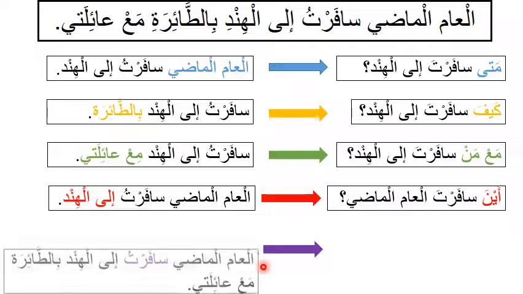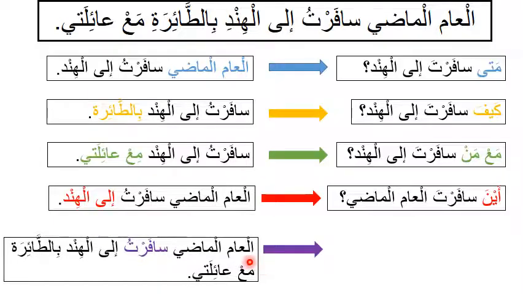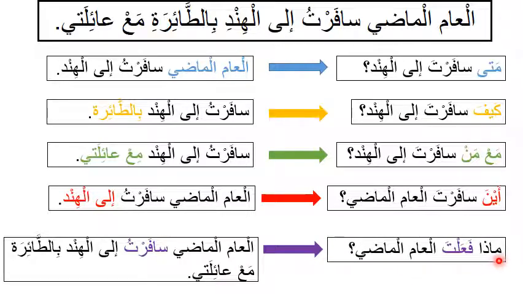And if I want to make the sentence longer and longer, العام الماضي سافرت إلى الهند بالطائرة مع عائلتي, it means that I'm going to ask a general question about what you did last year, saying ماذا فعلت العام الماضي? What did you do last year? So your answer will be the whole thing that you have done last year.